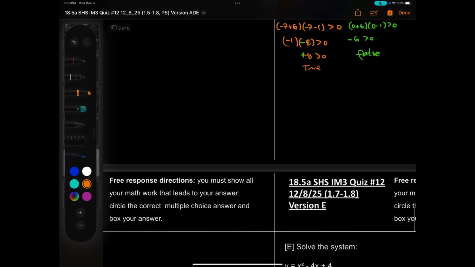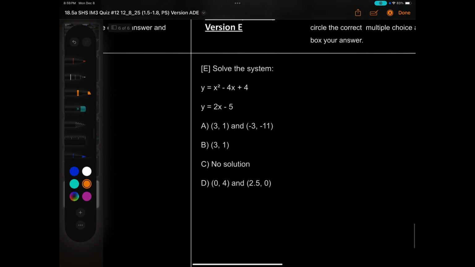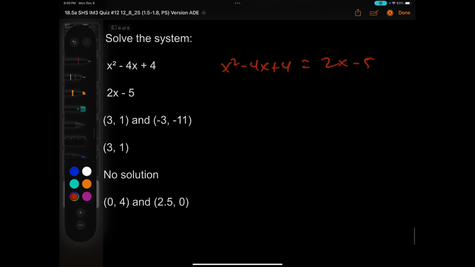Okay, let's go to the back side. Let's solve the system. Notice that they're both equal to y, which is good. Now I can set them equal to each other, and set it equal to 0. Okay, let's think about this for a second.